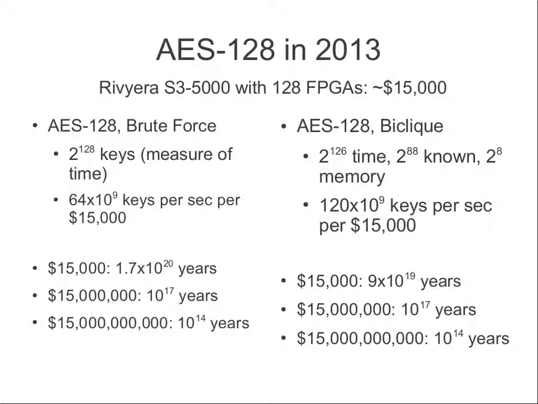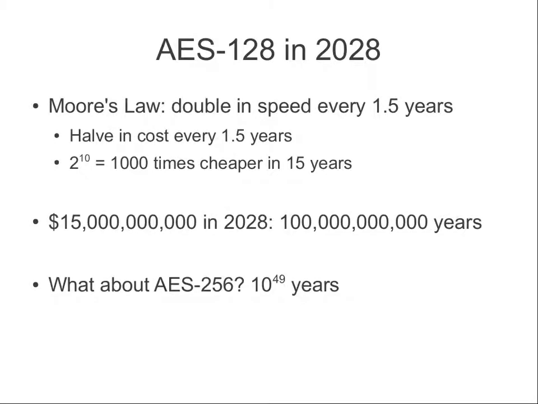What if I want to encrypt something today and make sure it's secure 10 years, 15 years in the future? I don't want someone to be able to decrypt it in the future. Well, if we extend maybe 15 years, so 2028, again, the cost halves every 1.5 years.